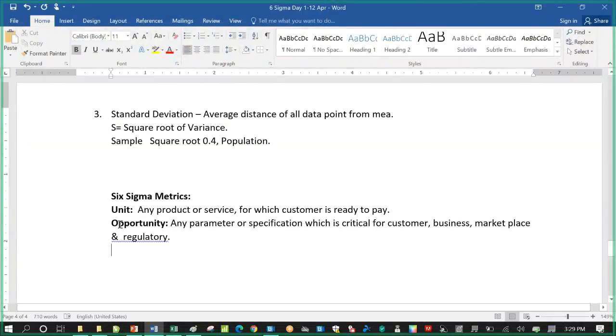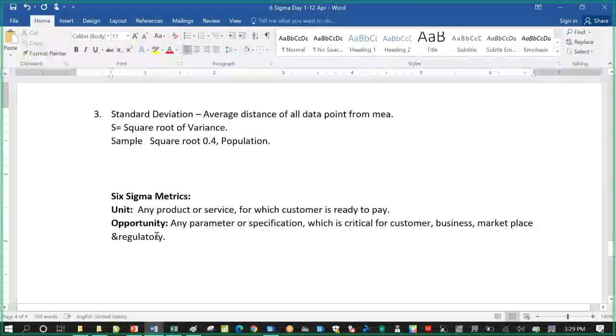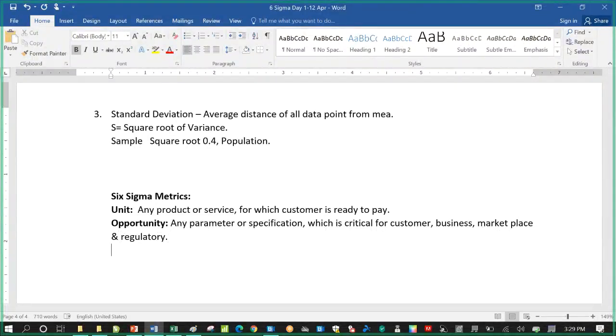For example, when you buy a cell phone, you look at all these aspects. When you buy a car, you look at everything from the customer point of view. What are the critical things from the business point of view, from the marketplace point of view, from the government regulatory point of view? That becomes an opportunity for you. What will be the regulatory requirement for a vehicle?